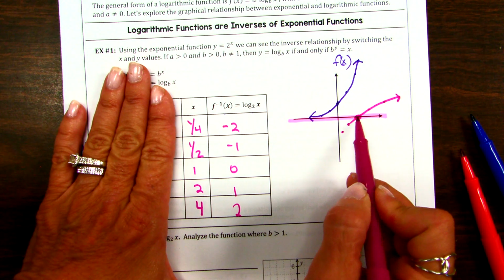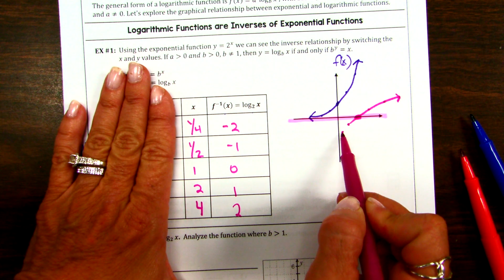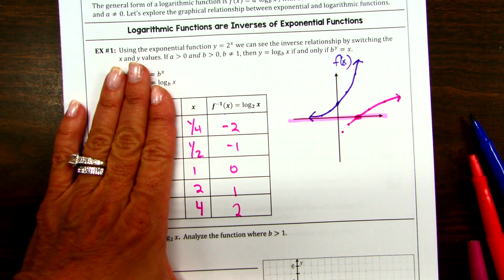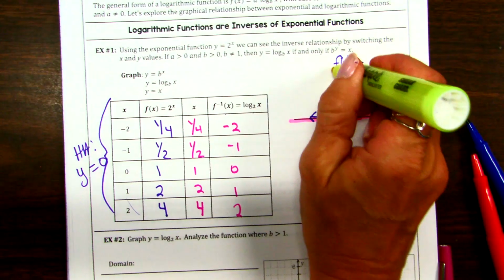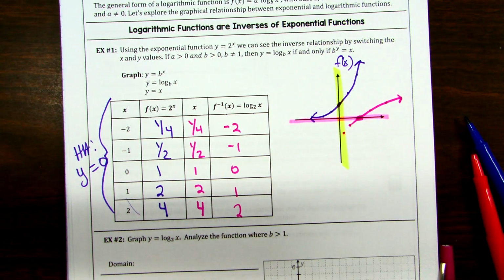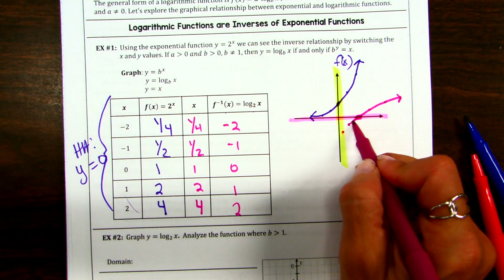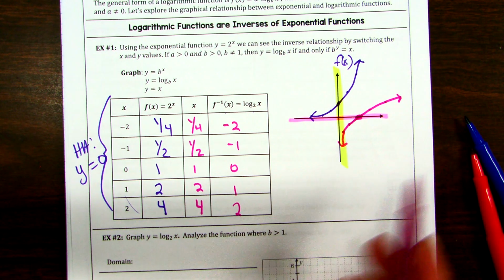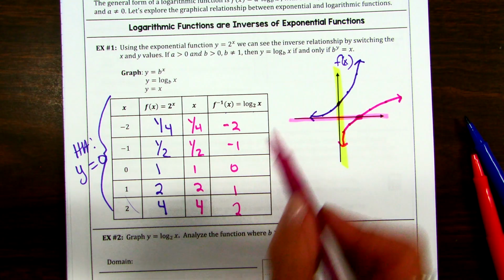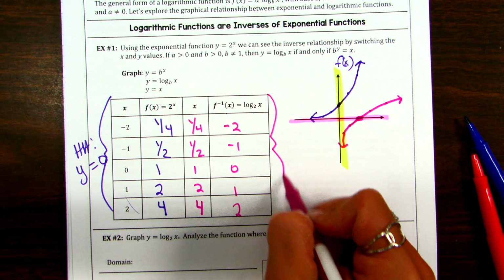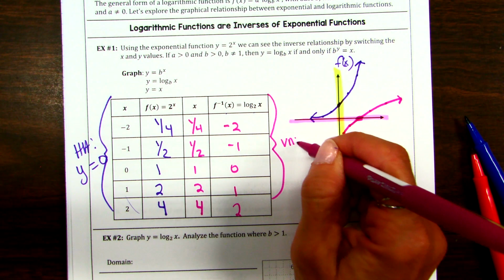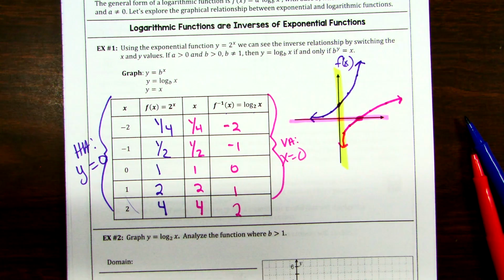But what's happening here is we're going to be getting really, really close to another asymptote, right here. So in a log function, we have a VA, a vertical asymptote of x equals 0.